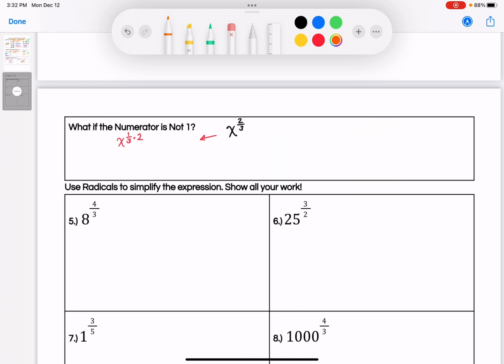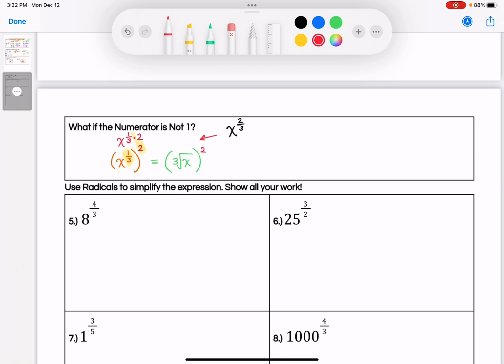So that would really mean that I have x to the 1/3 power, and then outside the parentheses to the second, right? 1/3 times 2. I multiply my exponents when I have a power to a power. All right, well, x to the 1/3 power is really the 3rd root of x, right?